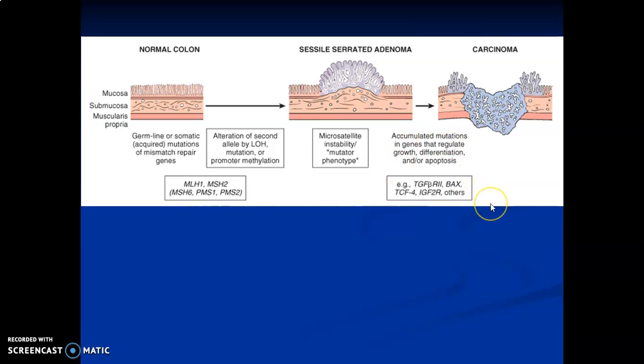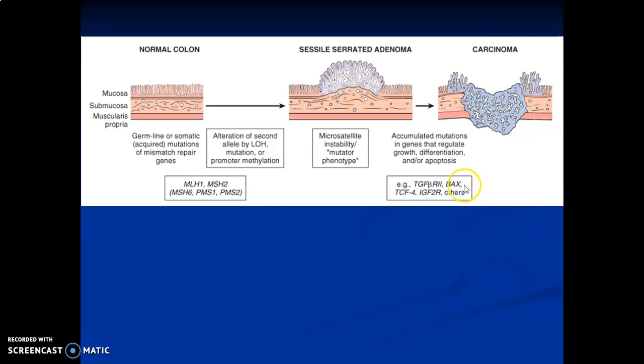In microsatellite instability, basically there is mutation in genes like TGF beta and BAX. The TGF beta receptor gene normally inhibits cell proliferation, but in mutated form, it allows the uncontrolled proliferation of colonic epithelium in adenomas, leading to carcinomas.